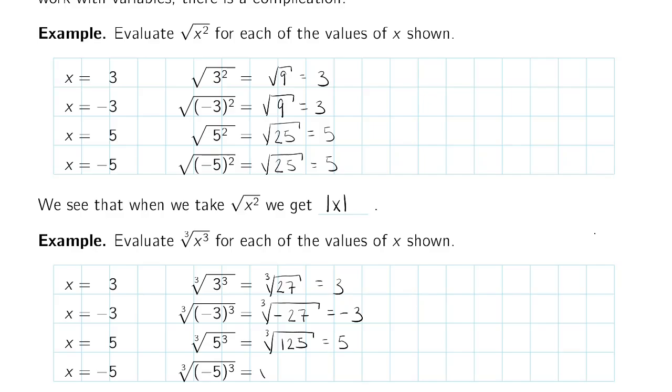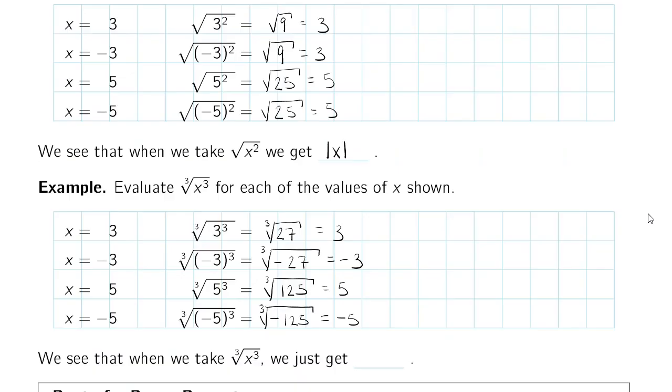If we take negative 5 to the third, that's negative 125. Taking the third root of that, we get our negative 5 back. But the third power didn't do what the second power did. When we take the third root of x to the third, we get x back.